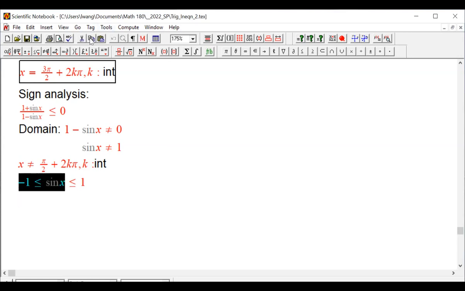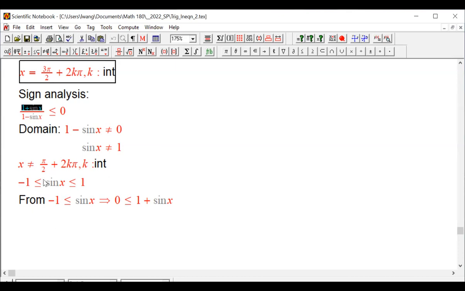From this half of this inequality, you will get 0 less than or equal to 1 plus sine x, right? So that's the numerator. So the numerator is always positive or 0.